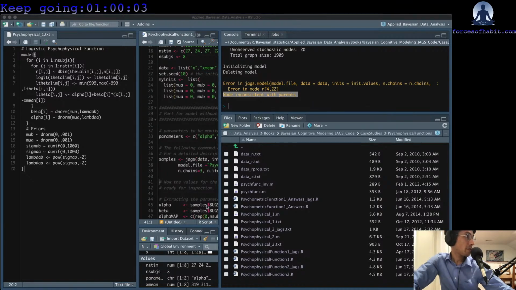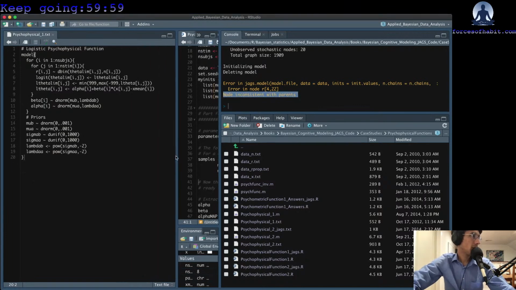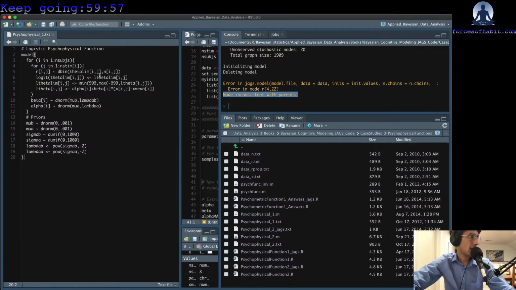So it says it might be something with the parameterization used for the JAGS code.